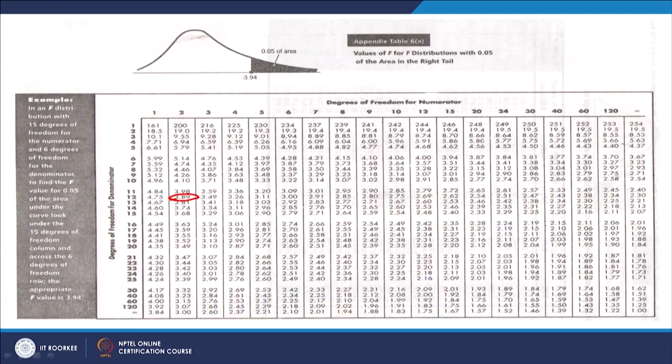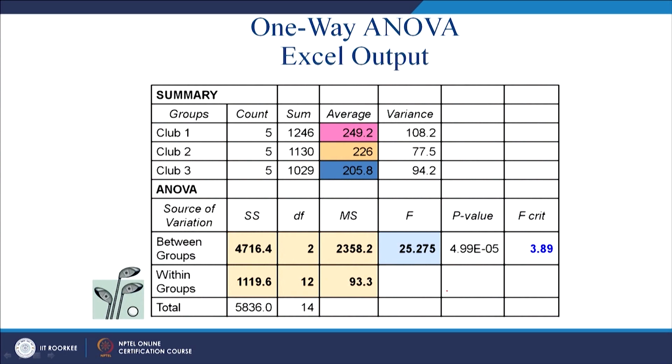In fact, this is the table we have used. If you solve this question using, let us say, Minitab or Excel, then you should get this answer. This is the average of the first group, second, third, and the calculated F value is 25.27.